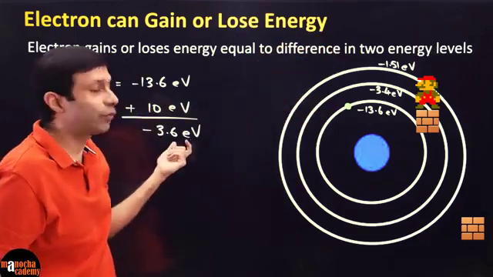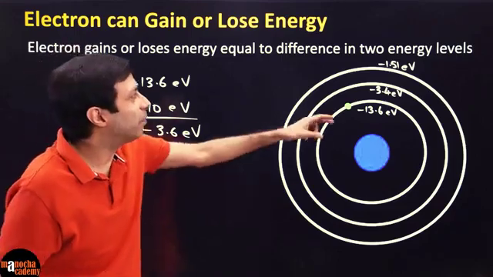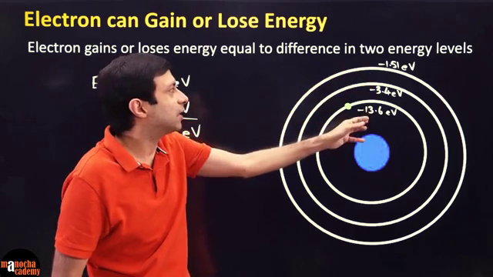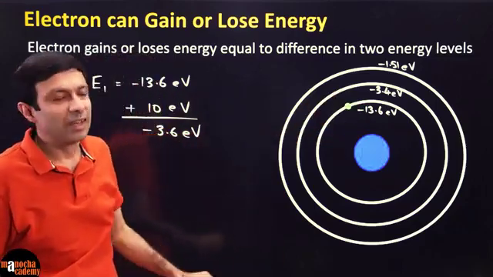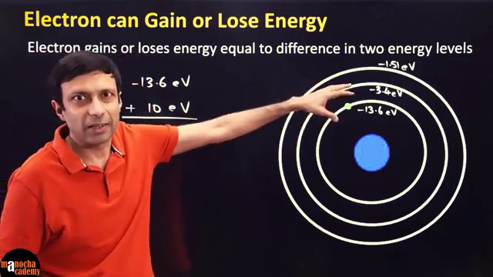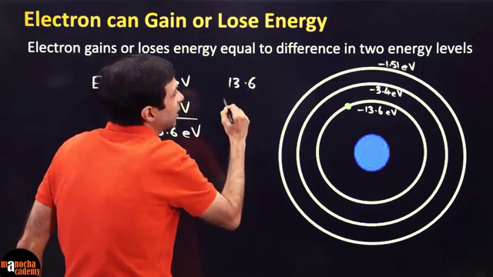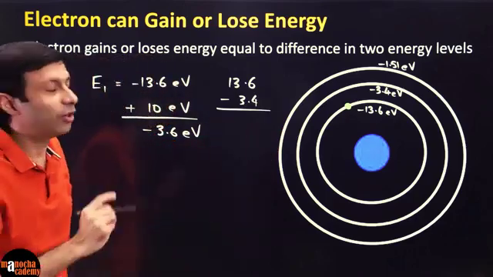So if 10 electron volt will not work, how much will work? You can easily calculate it by simply doing a subtraction here. So you can calculate it yourself. You just have to do minus 3.4 minus 13.6. Since both values are negative, you can just take the difference. So if you calculate it, 13.6 minus 3.4, how much energy does this guy need, the electron?